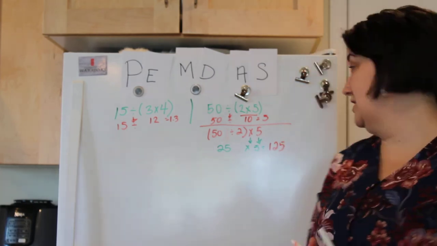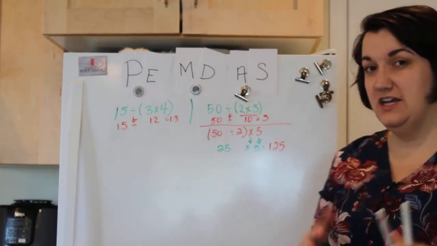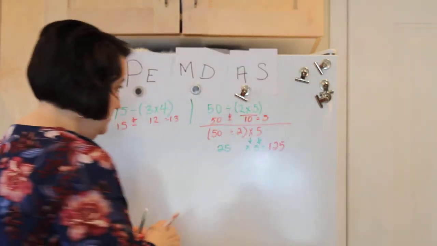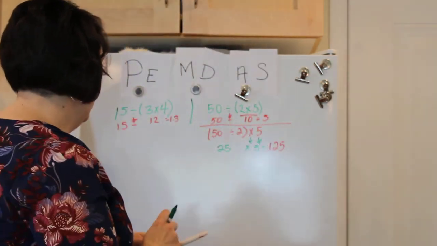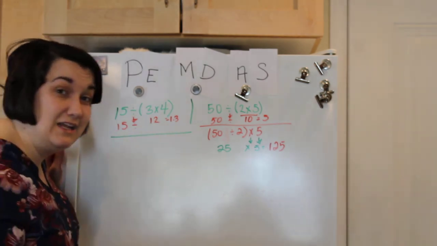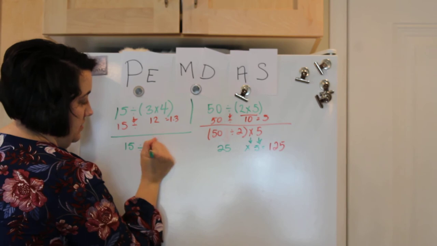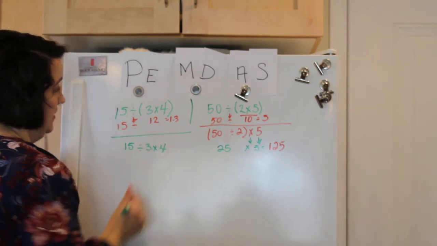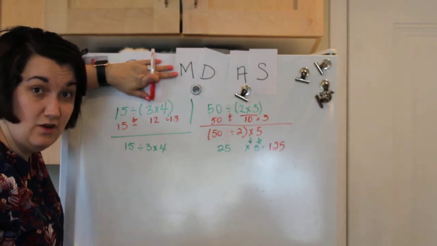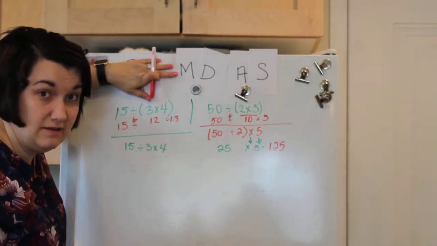So one more way to look at this is if we're going to follow the rules and the order of operations, let's try something a little bit trickier. All right. So let's go ahead and we're going to do this one again right up here. We're not going to add any parentheses. 15 divided by 3 times 4. All right, now we don't have to worry about parentheses or exponents. So what is the one that we solve first?